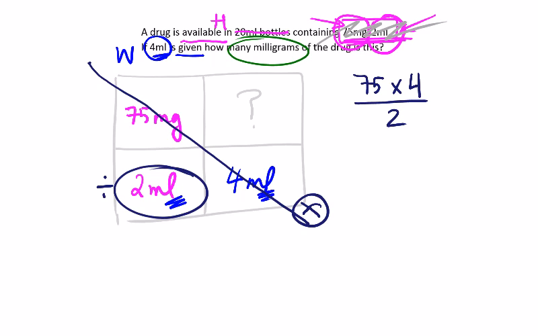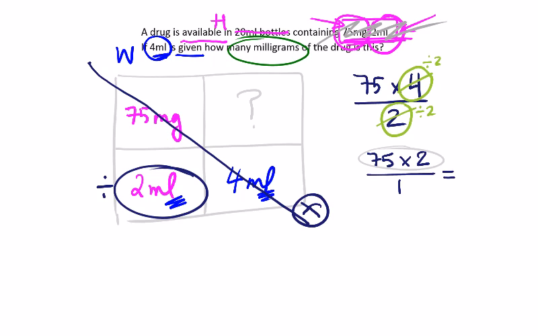It's very tempting because 4 and 2 are really easy to simplify. We can divide both by 2. So instead of crossing zeros, this time we are dividing by 2. So on the top we still have the 75, and then 4 divided by 2 is 2, and 2 divided by 2 is 1. And now at this stage, of course, we then just multiply 75 multiplied by 2.